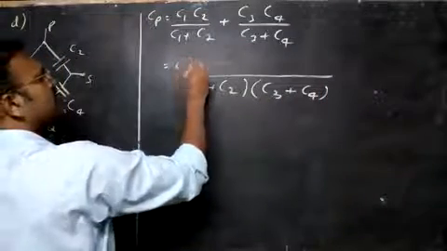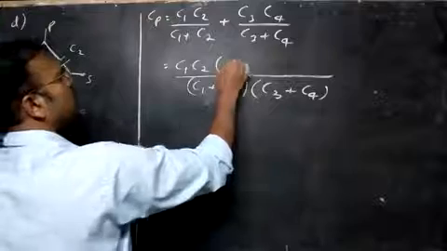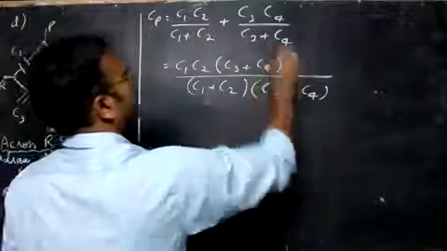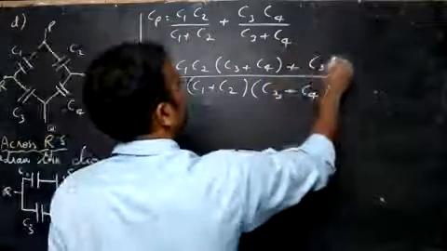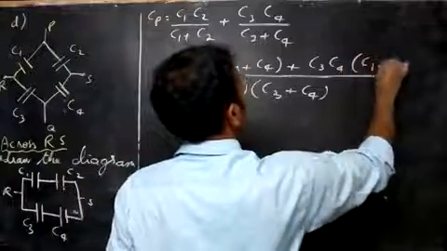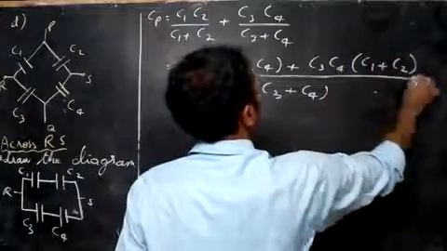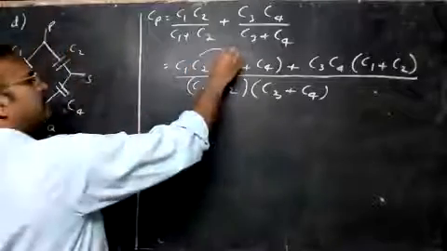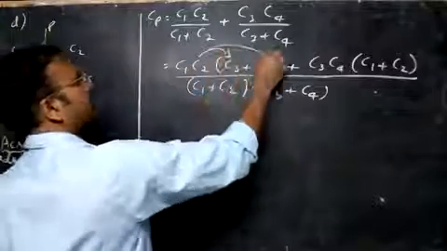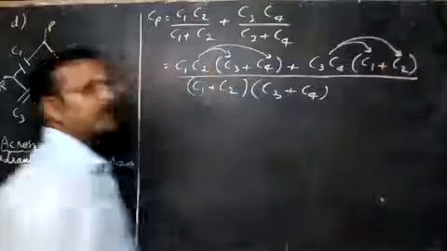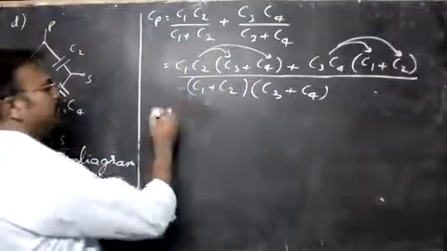So C1 C2 into C3 plus C4, plus this quantity, that is C3 C4 into C1 plus C2. It's very simple, like the last one only. Just multiply inside this way, here this one and this one. Just cross multiply inside the bracket.